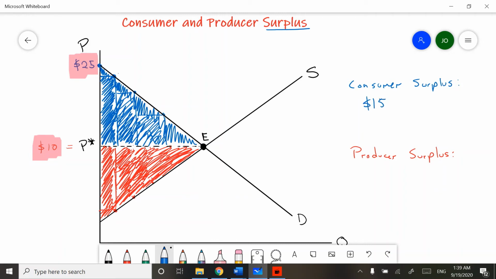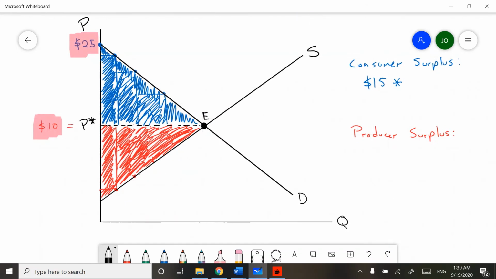$15. And I'm going to multiply that times the base. Now for the base, we are going to need to know the quantity. Let's think of a simple number that we can multiply. Let's say it's 100 units. So that's my base. Because we start from this point and we end at the equilibrium. That is my base.